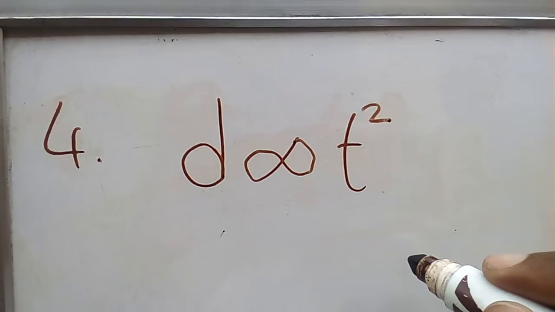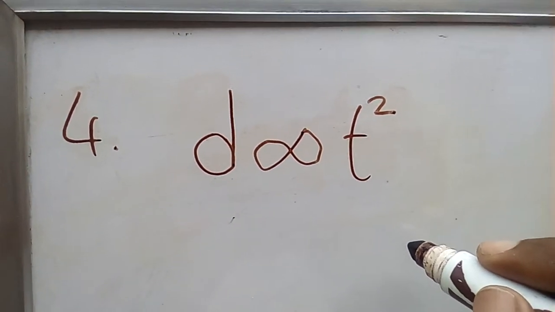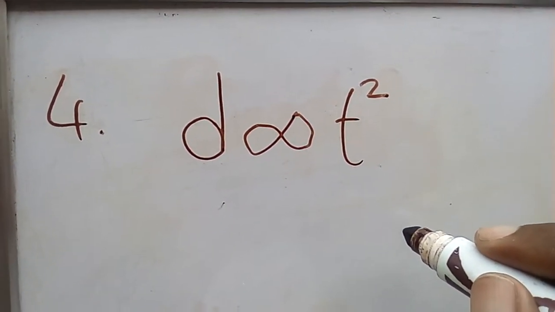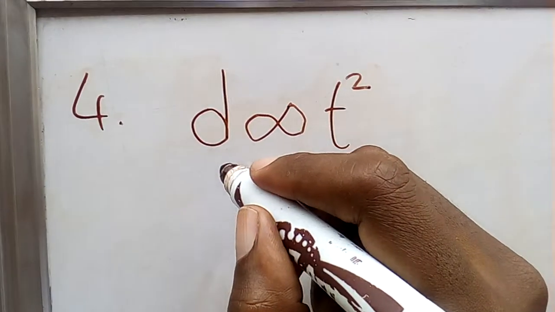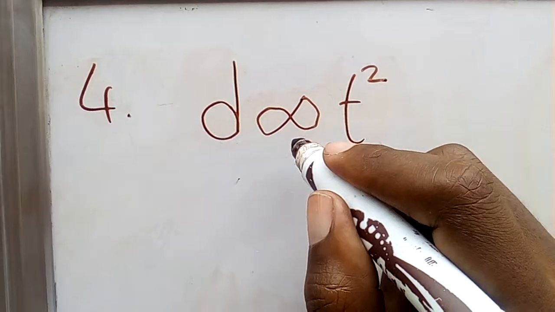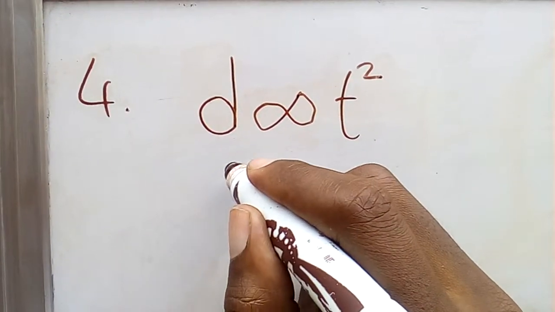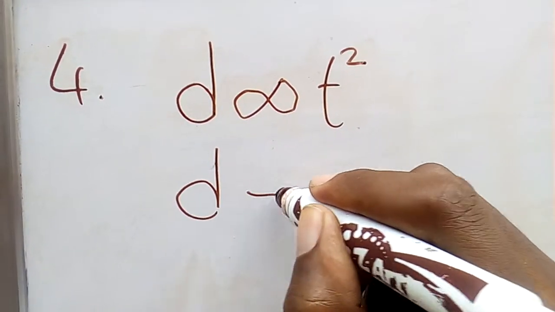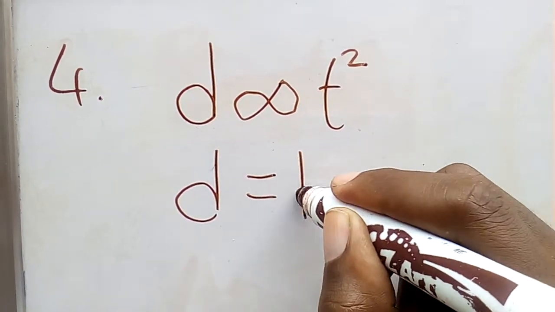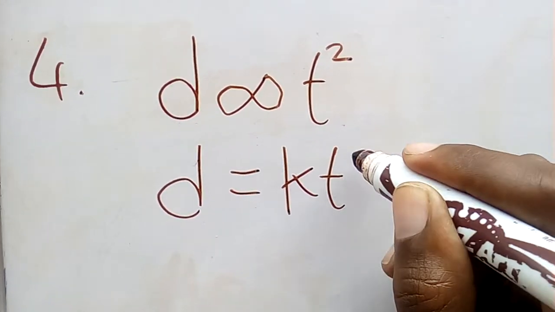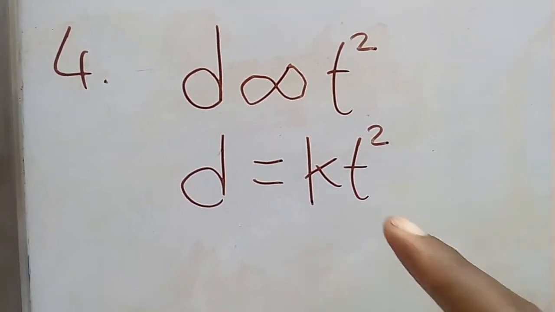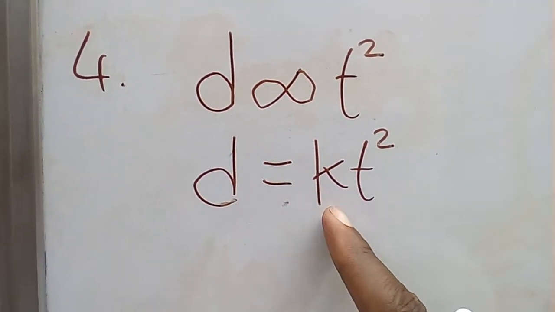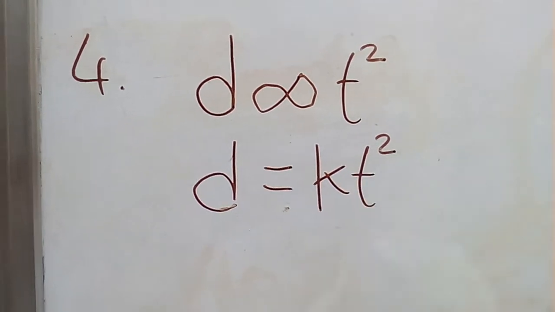The next thing we're going to do is to take care of the proportionality sign, and we do that by introducing a constant k. I'm sure you remember that constant. Do you notice it's become d equals k times t squared?